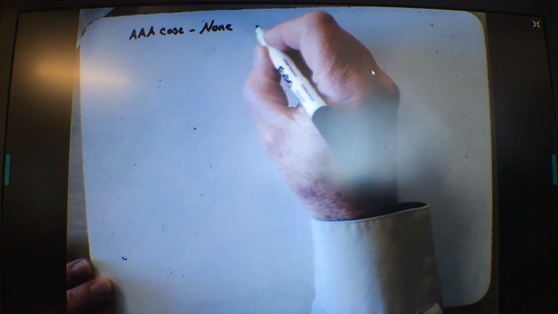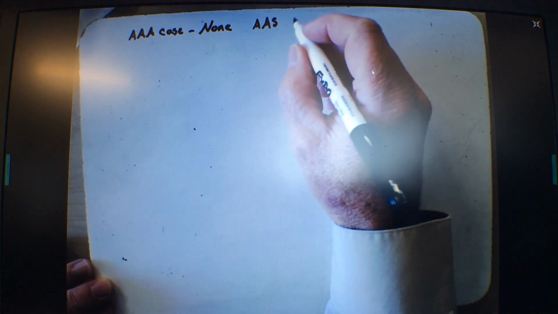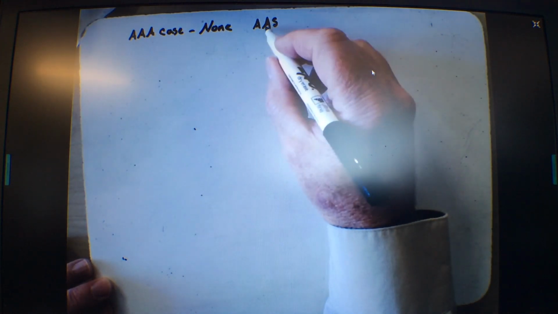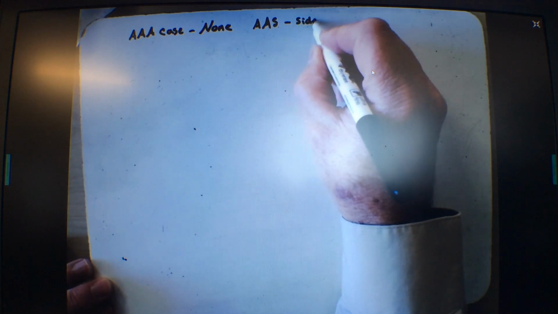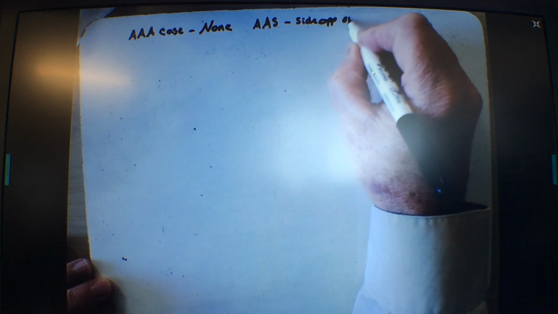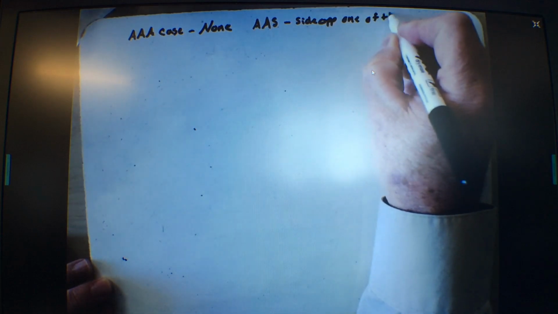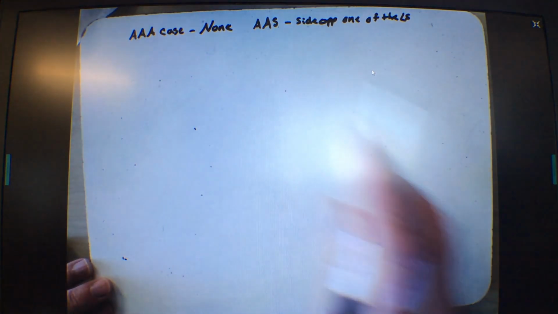The next two are the AAS situation, which stands for angle, angle, side. Notice the side is opposite one of the angles. Do you remember from geometry that the side is opposite one of the angles?